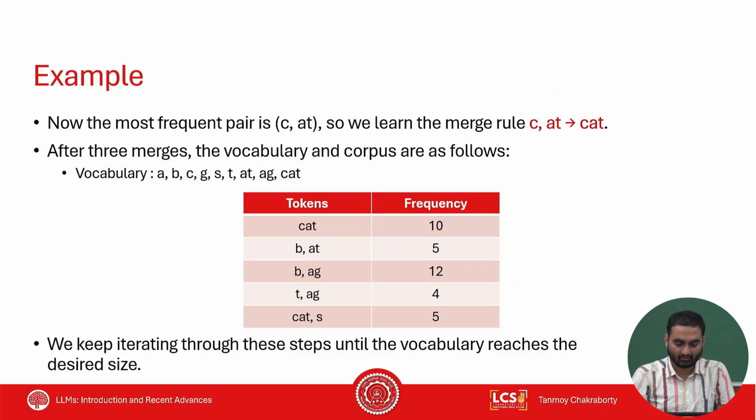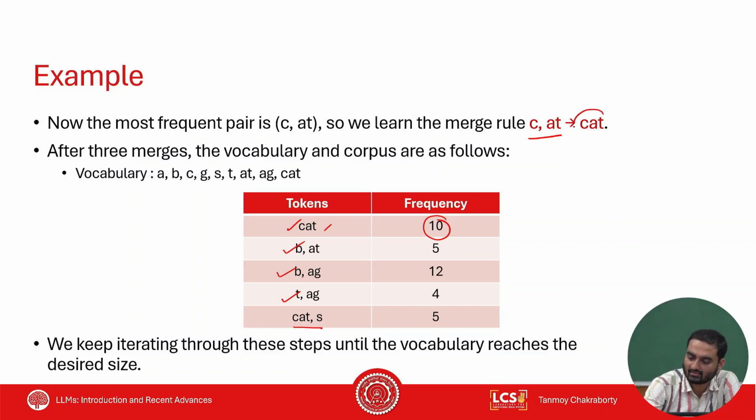Okay, now again we do the same thing. We keep on merging. It can be 4gram now. As you see here, cat plus S, trigram, 4gram. And you see here the most frequent merging could be the most frequent token can be cat, with the rule C comma AT derives CAT.